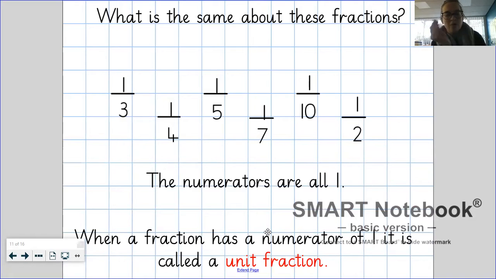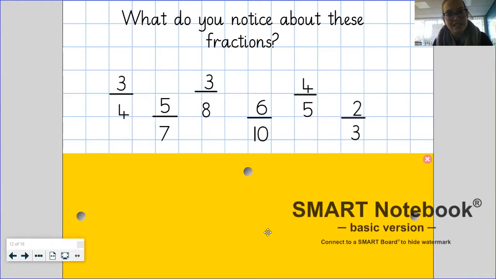I always think we used to call them 100, tens, and units would be in our ones. So try and think of unit 1, 1, 1, 1, 1, 1. A unit fraction has a numerator of 1. The numerator is that top number. We've done this before. You've broken fractions down before. So unit fraction has a numerator of 1. Brilliant. So now what do you notice?